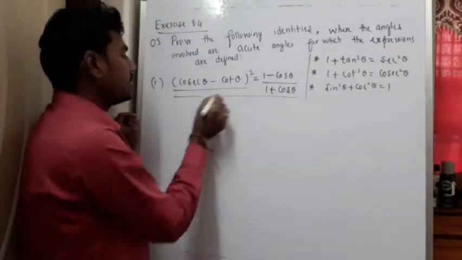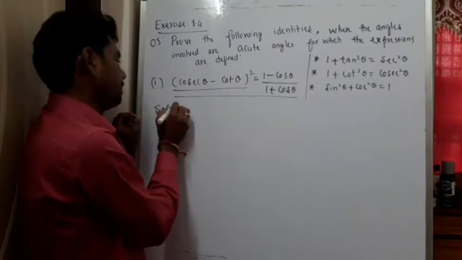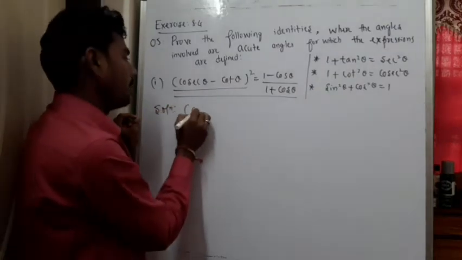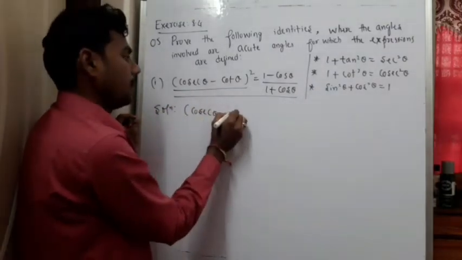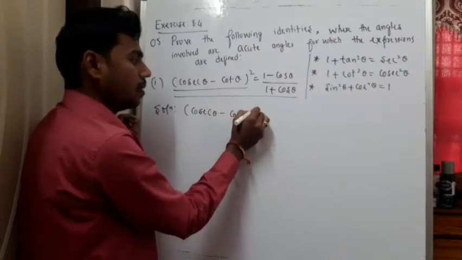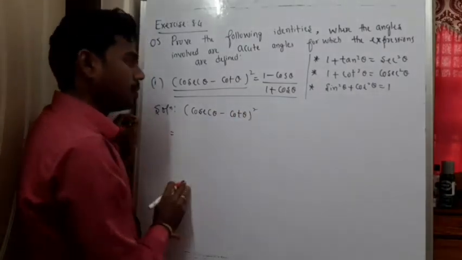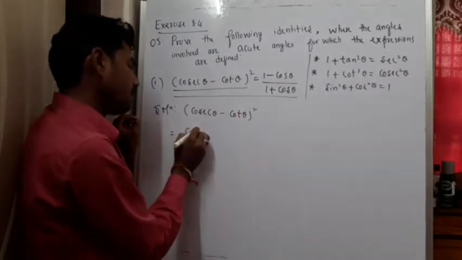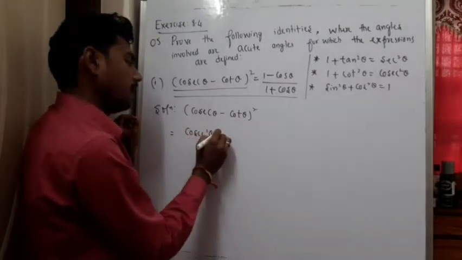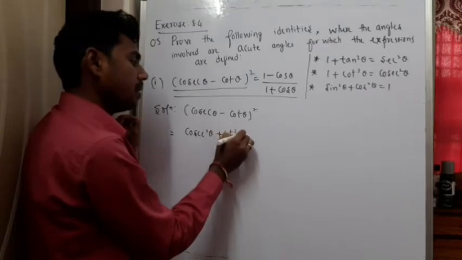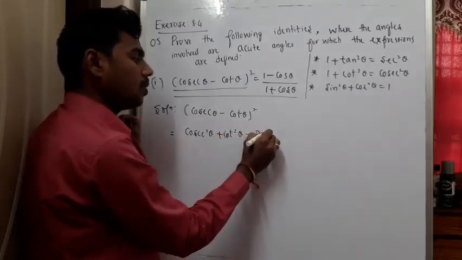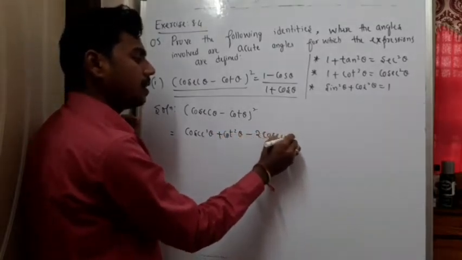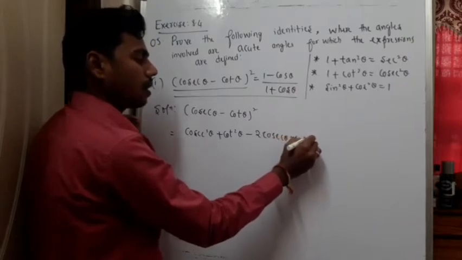Next, what we need to do? We need to consider the LHS here, that is cosecant theta minus cot theta whole square. So what we can do? Directly we can expand this as cosecant square theta plus cot square theta minus 2 cosecant theta into cot theta.